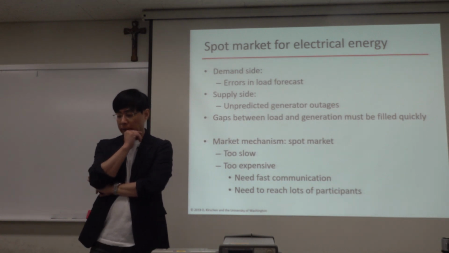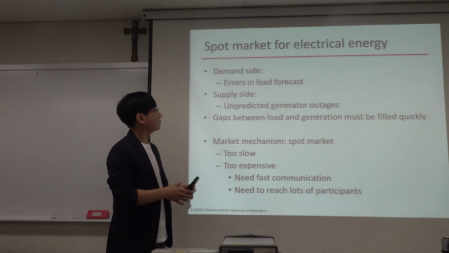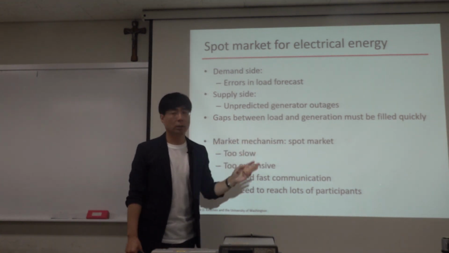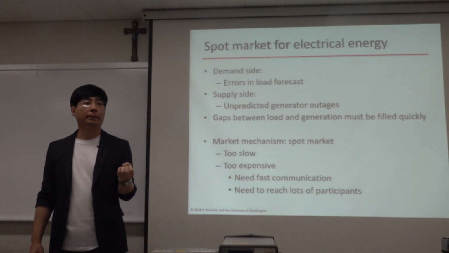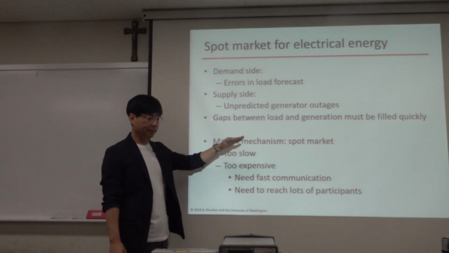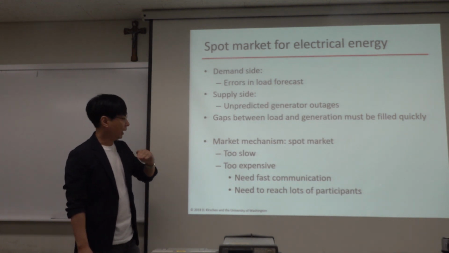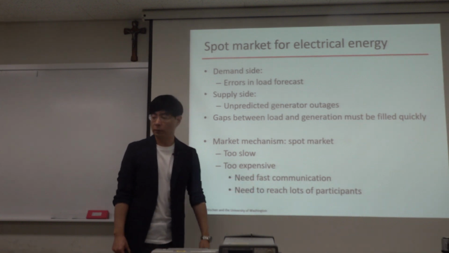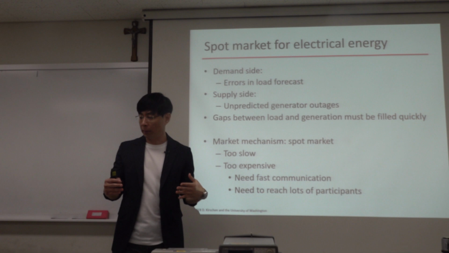So here is the question: can we use a market mechanism to compensate this gap between load and generation in real time in the spot market? That's not possible. The spot market is too slow for electricity, and it may be too expensive because it requires a lot of fast communications and affects a lot of market participants.